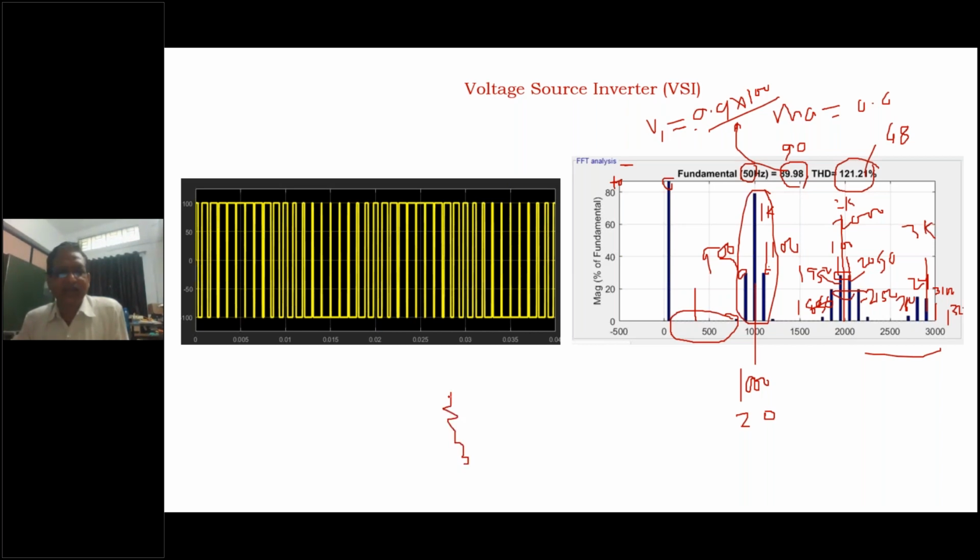And here is a fundamental component, plus harmonics, one more component I'm going to consider. This is the fundamental 50 hertz and this is 1 kilohertz. I'm going to consider its magnitudes are almost similar, no problem. So both magnitudes are equal.